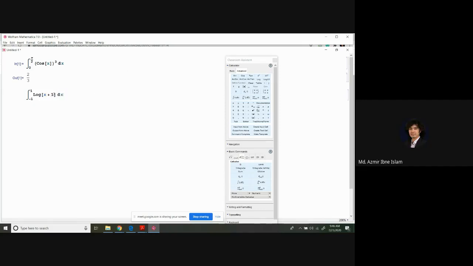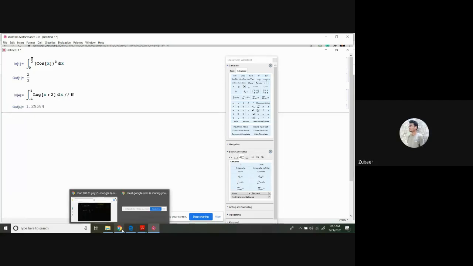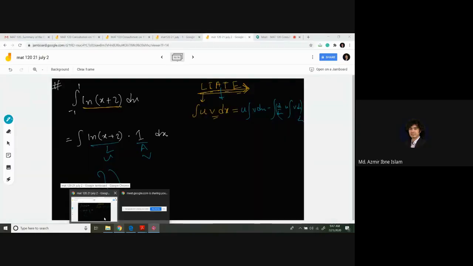So finally your answer will be ln 27 minus 2. If we take the numerical value, then it will be 1.29584. Clear? Sir, my answer is also the same, 1.295.